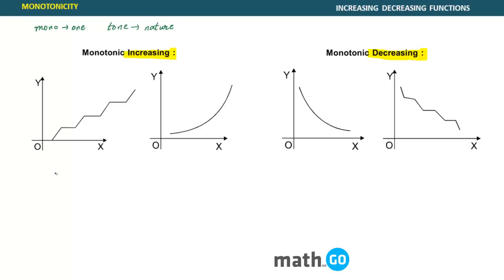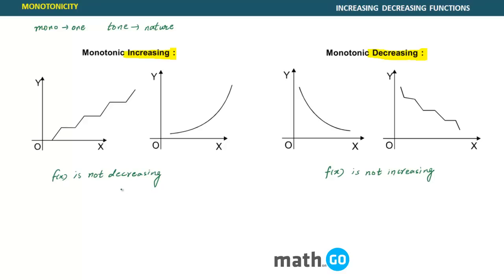In another way, f(x) is not decreasing in this case. And monotonically decreasing means the definition would be that f(x) is not increasing.